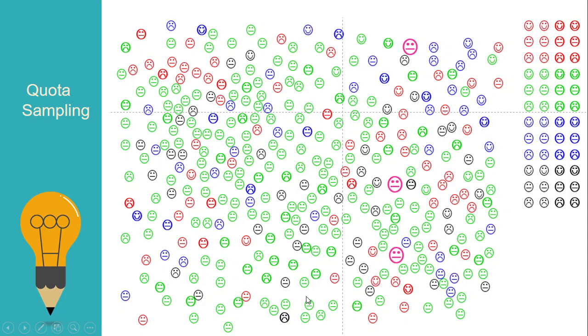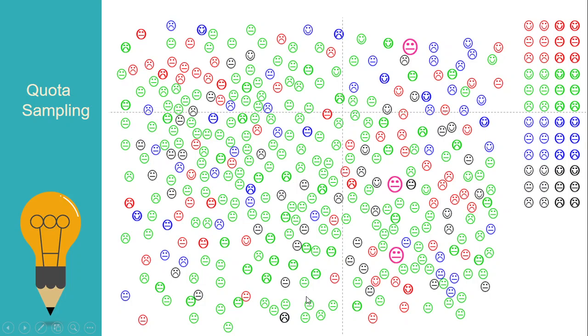And the last technique of non-probability sampling is quota sampling. Quota sampling is a sampling methodology where data is collected from a homogeneous group. It involves a two-step procedure where two variables can be used to filter information from the large population.